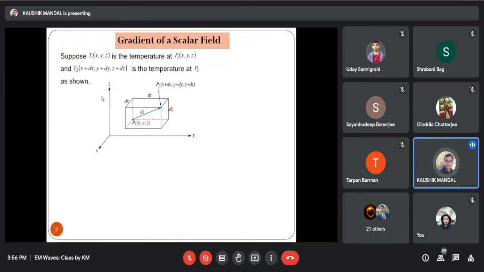The next part, we are going to discuss the gradient of a scalar field, the divergence of a vector, and the curl of a vector, and the related divergence theorem and Stokes theorem, which are very essential to find the electric field potential at some arbitrary point in space. So let's start with the gradient of a scalar field. What do you mean by the gradient of a scalar field?